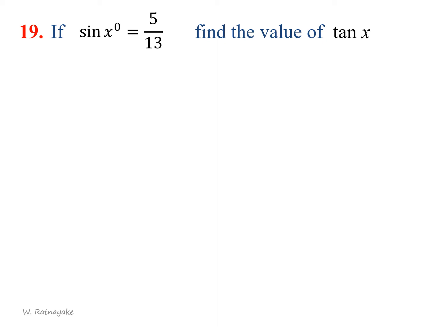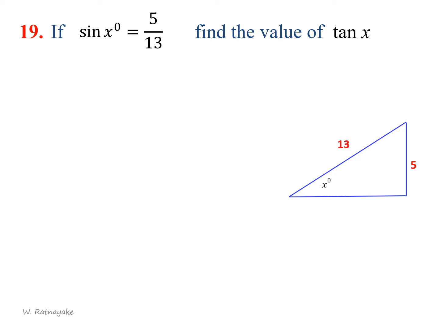Here, we know in our GCE O-level syllabus, sin is defined using a right angle triangle: the opposite side to an acute angle of the triangle divided by the hypotenuse of the triangle is equal to sine. So we can show this relation on a diagram like this.